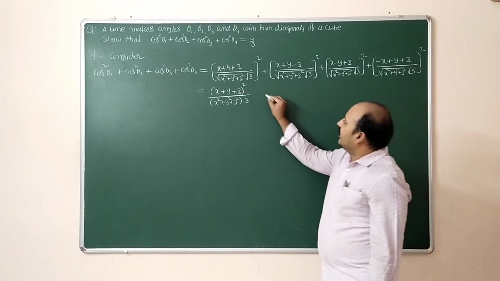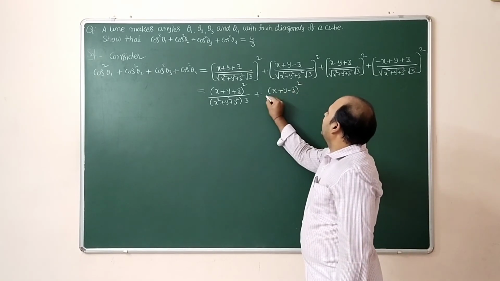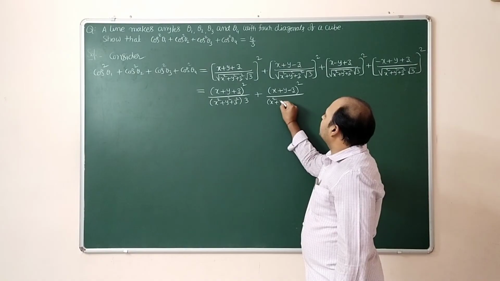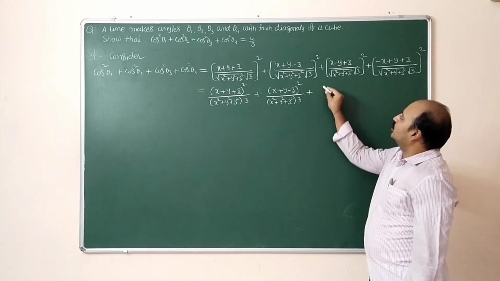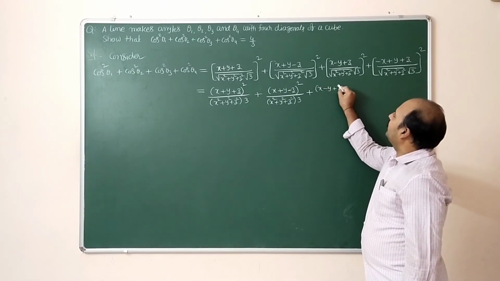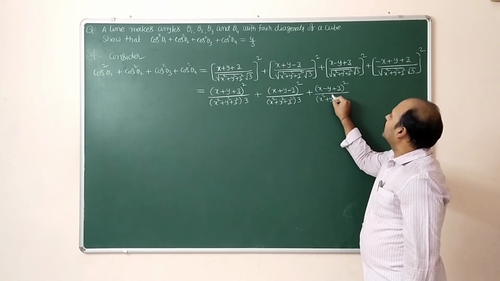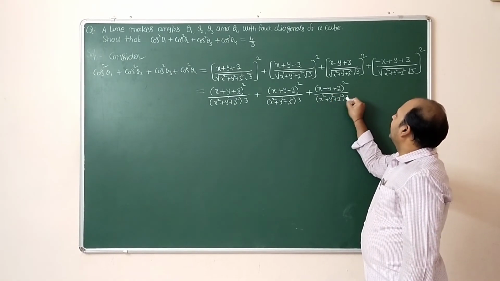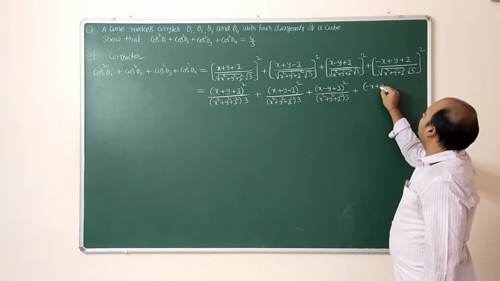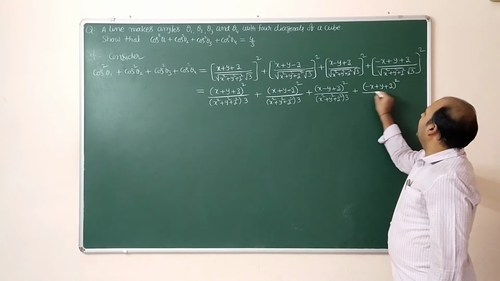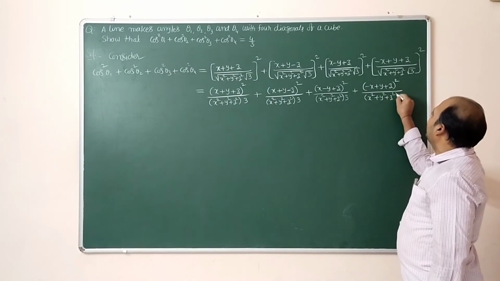In every term the denominator will be the same: x plus y minus z whole square divided by x square plus y square plus z square into 3, plus x minus y plus z whole square divided by x square plus y square plus z square into 3, plus minus x plus y plus z whole square divided by x square plus y square plus z square into 3.